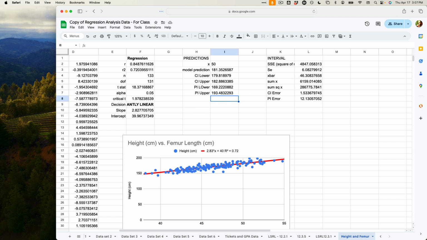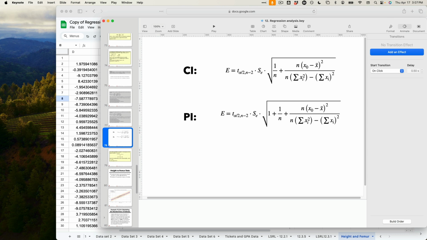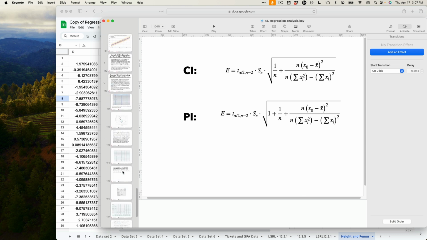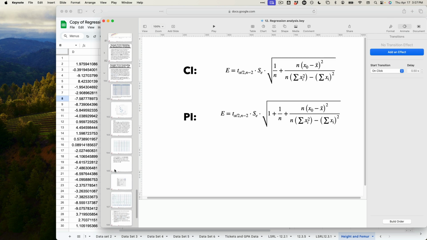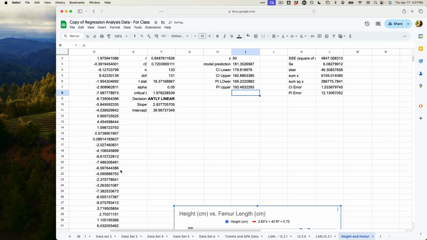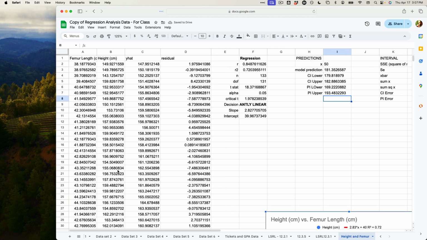There's two more topics which I think might be worth covering. So one more thing you can do here is we can also do confidence intervals on the slope and the intercept. Okay, so we did the regression line.